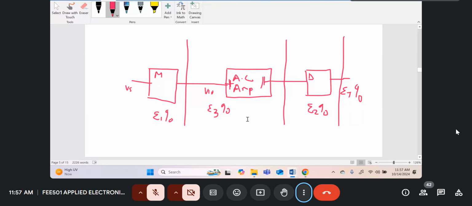If the modulator generates an error, error 1, your AC amplifier generates an error, say error 3, and your demodulator generates an error, say error 2, then the total error at the output will just be the sum of the three errors: error 1, error 2, error 3. That's how we get the total error of the signal when it's transmitted from the input to the output.